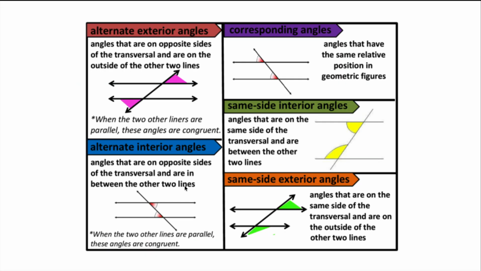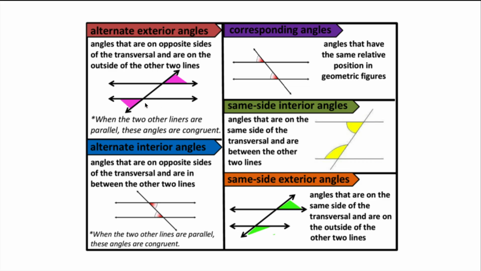So here is a chart kind of showing all of the angles and their relationships. So let's start here on this red section, alternate exterior angles. So let's find our parallel lines. We see our transversal, and do you see alternate? That means kind of like opposite, exterior. So if these were interior inside of the parallel lines, guess what the angles outside of the parallel lines are called?